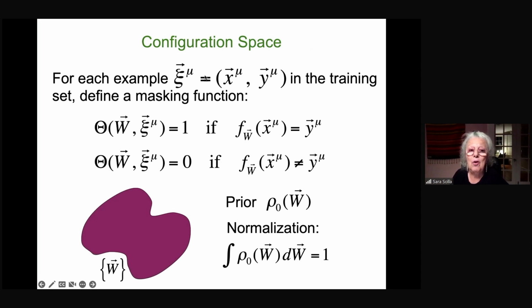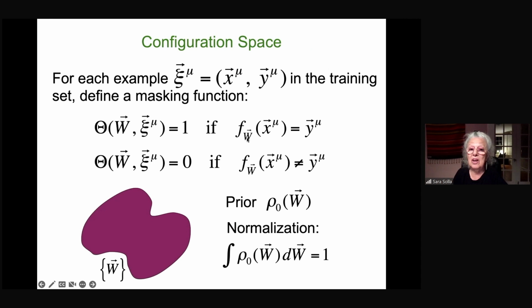And let's say one of those examples, and I'm going to define a masking function over this configuration space. My masking function on a given point W, given that training example, takes a value of 1 if the training example is satisfied by that particular configuration of parameters W.